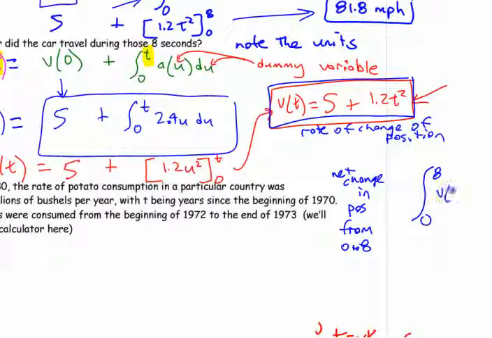Well, we could put this in here, v of t dt. Or in other words, it's the integral from 0 to 8 of 5 plus 1.2 t squared.